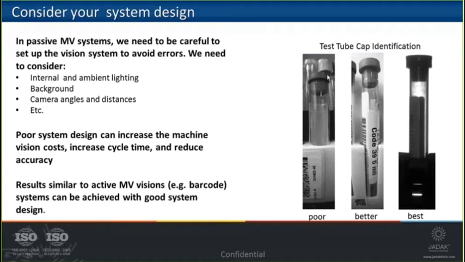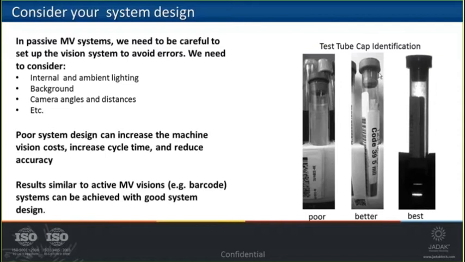Imagine that this is a test tube in the image on the far right. We're trying to determine the shape of that cap, but in the background you see we have these other test tubes and so on. Well, we can make the machine vision work to figure out the shape of that cap, but as you can imagine, it's a little harder to pull that out from that background, as opposed to the middle case where we do have a constant background, there are no test tubes in the back, and now we can more clearly see that shape.